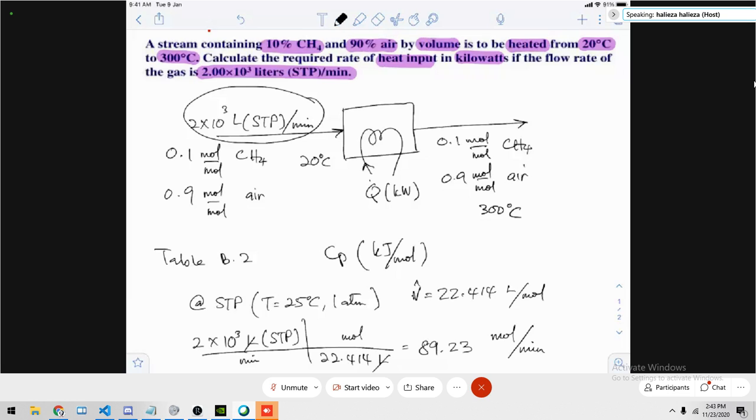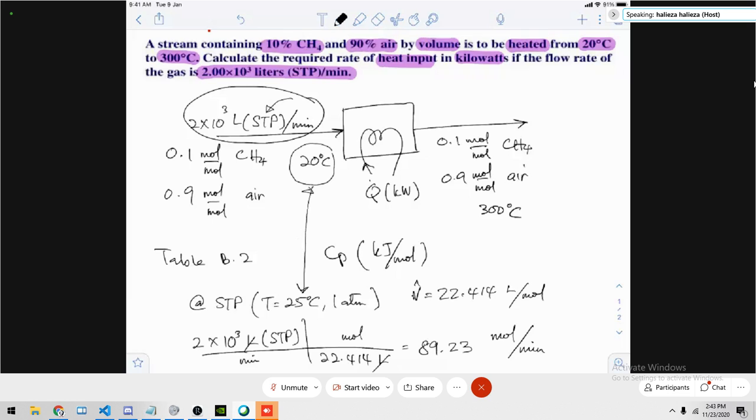Okay, good. Now, my question is, why is it that this temperature is specified and yet this is given as STP? Is there a difference in the temperature? We just said that the standard temperature is at 25, but here it says the temperature is at 20 degrees C. Why is there a contradiction?